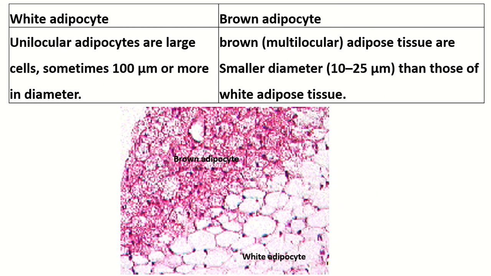So the size of the white adipocyte is much bigger than the brown adipocyte. Its diameter is about 100 micrometer, but the brown adipocyte size is much less than the white adipocyte. Its diameter is 10 to 25 micrometer, and you see this is the white adipocyte and these are the brown adipocytes.